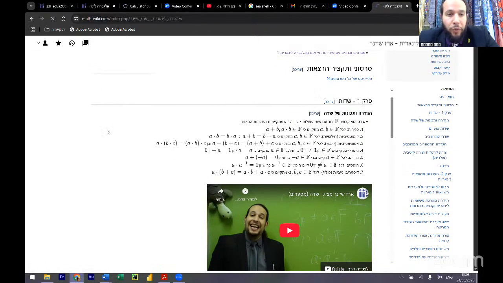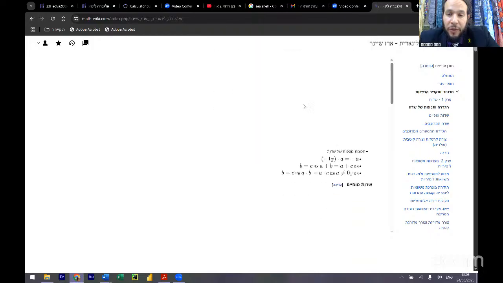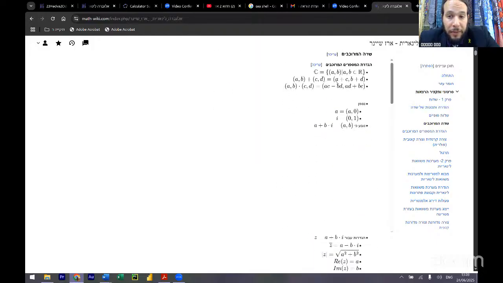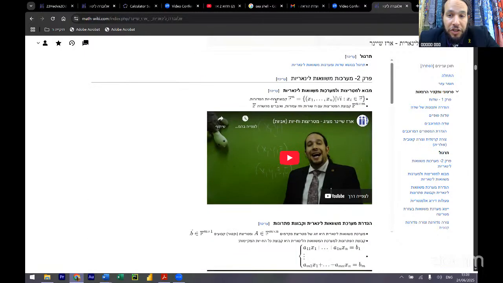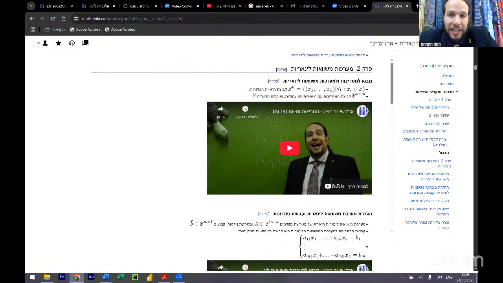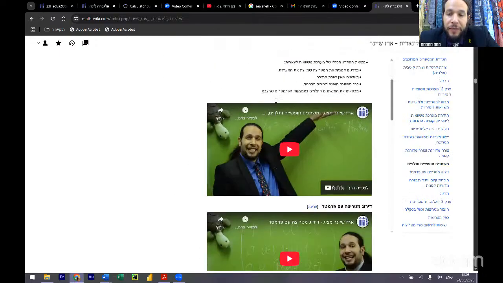And just a quick review of what we learned so far. The first chapter was fields, and specifically we learned about the complex numbers field. Then we did linear systems of equations and how to solve them using matrices.